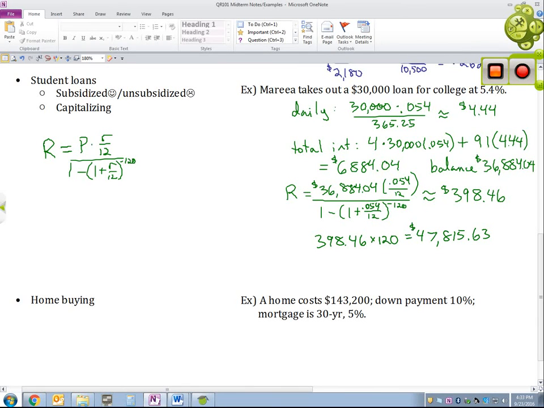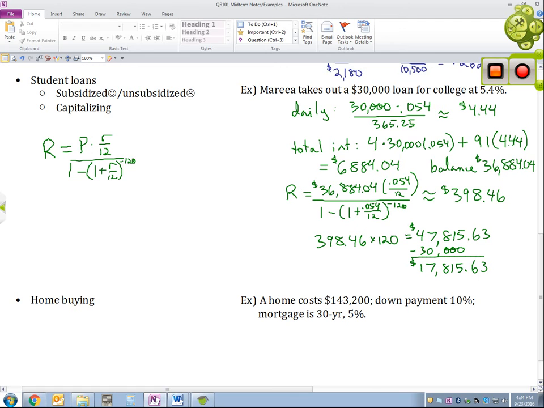We need to find the total interest, so we need to subtract the original amount of $30,000, which gives us $17,815.63. So by the end of the 10 years, she has paid $17,815.63 in interest.